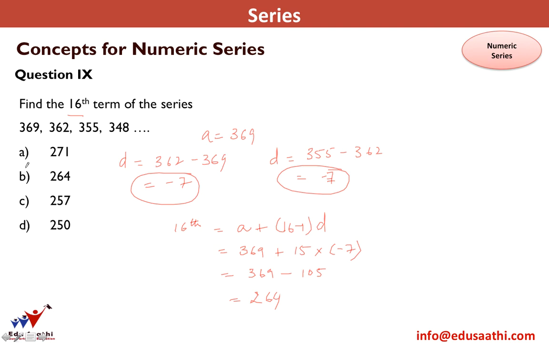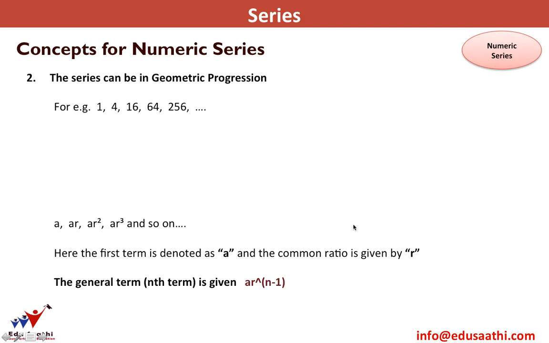So this B part here is my option. So an arithmetic series can be an increasing series in which D is positive. If D is negative, then it is a decreasing series.